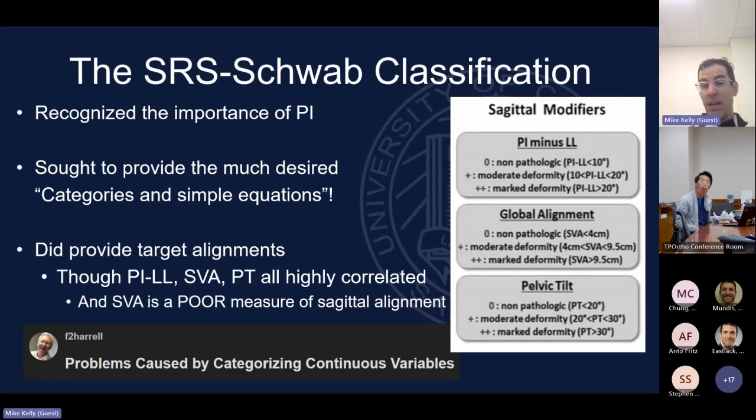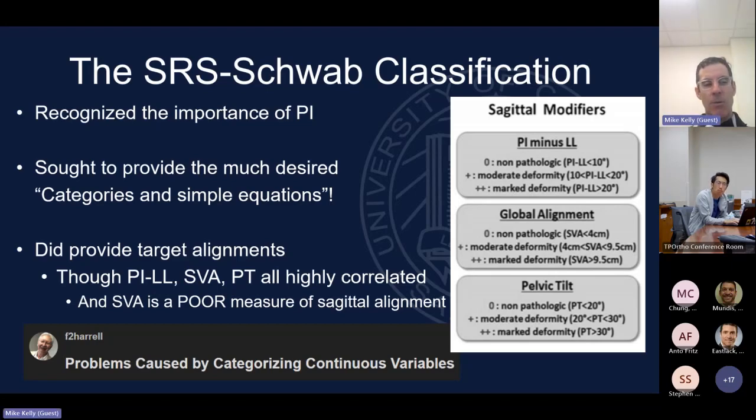It's worth noting that SVA, which is their measure of global alignment, is a terrible measure of sagittal plane alignment. You can have a low SVA with a pelvic tilt of 35 and lots of retroversion, or a low SVA and a pelvic tilt of 9 and be perfect. It also failed to recognize that your pelvic incidence lumbar lordosis mismatch changes as your pelvic incidence changes.